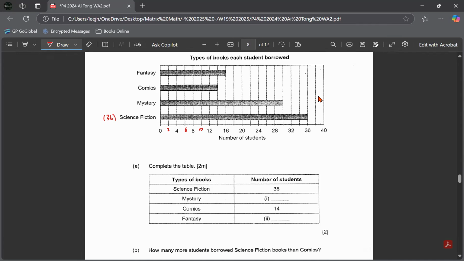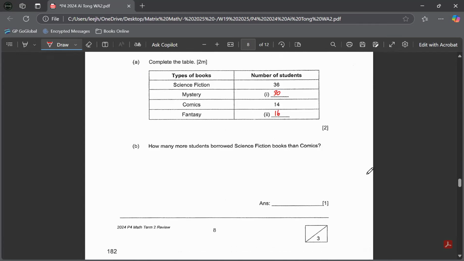This is 30. So you write 30 here. Comics already given to you is 14. Now the one I don't have is fantasy books. So fantasy is exactly 16. So you write 16. So you have already completed the table for question A.